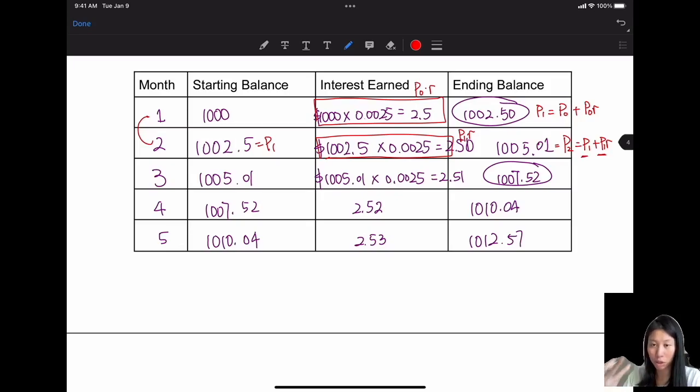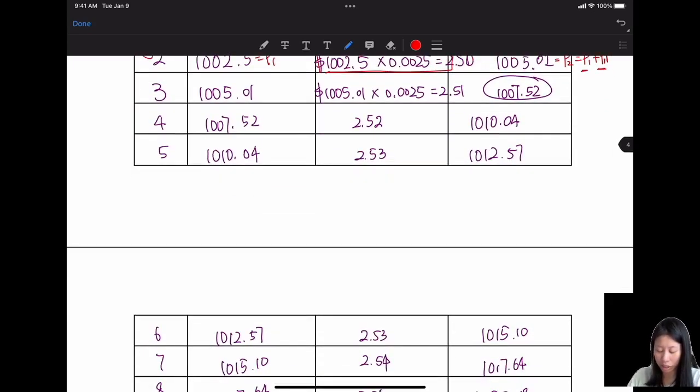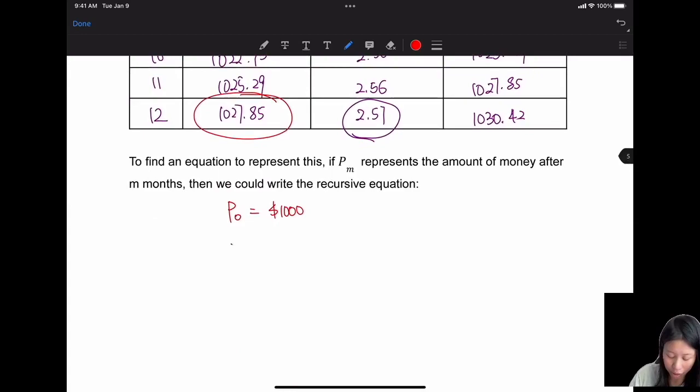Okay, if we generalize it, we will get this formula: P sub n, which is the new month's balance, comes from the previous month, which is P sub n minus 1, plus the interest that we earn from the previous month, P sub n minus 1 times R, because the rate is the same.